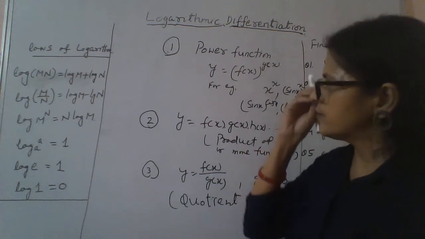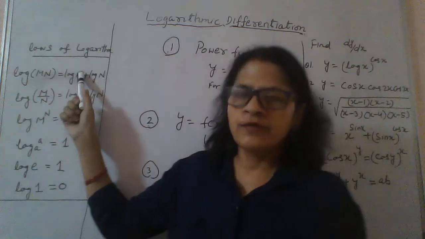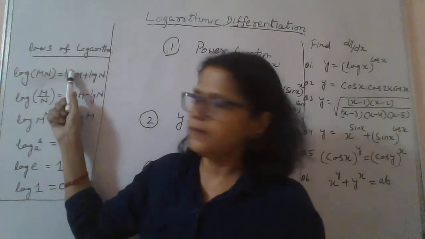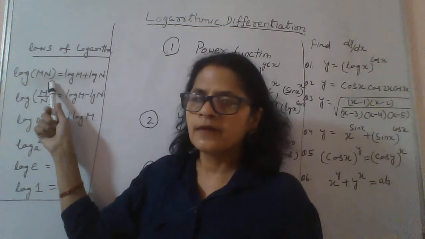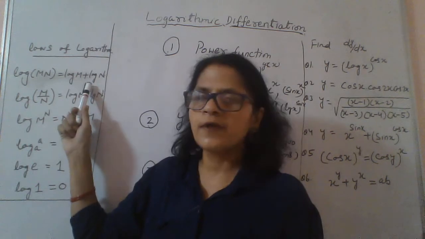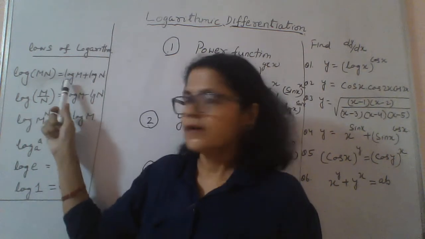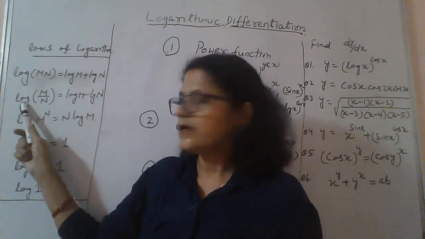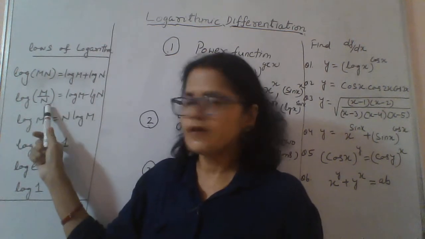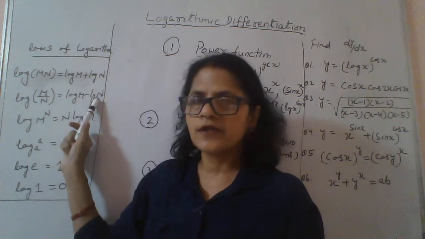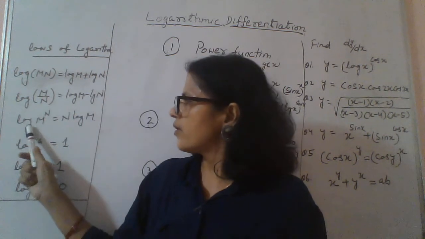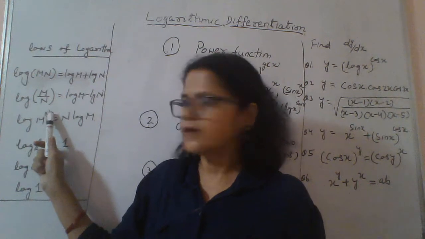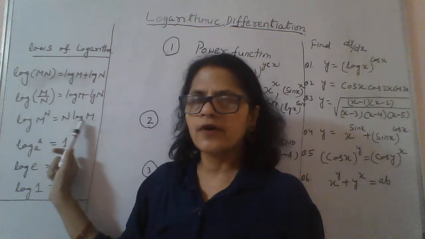As you are aware of the laws of logarithm: log mn equals log m plus log n, log m by n equals log m minus log n, and log m to the power n equals n into log m.